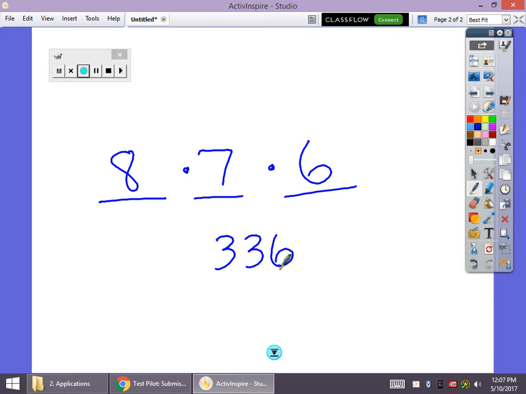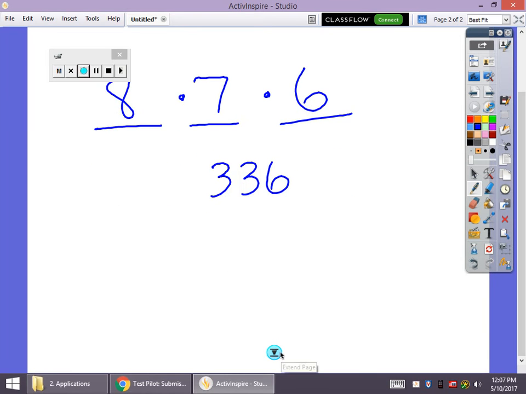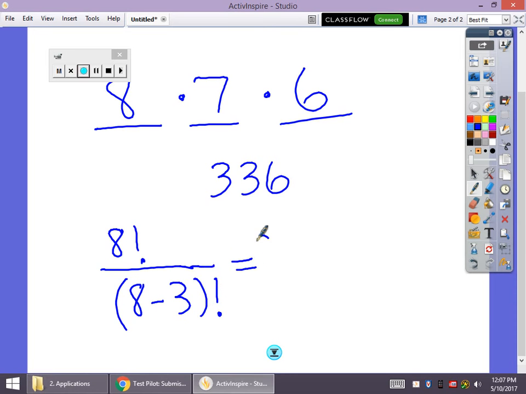I'm going to show you the permutation formula and show you how they both work. So, the permutation formula is going to be 8 factorial because we have 8 choices, right? Divided by 8 minus, we only have 3 slots, factorial. So that is equal to 8 factorial over 5 factorial, because 8 minus 3 is 5.